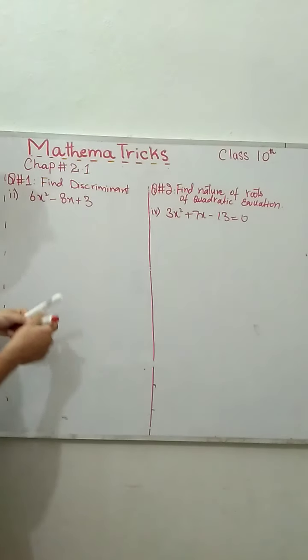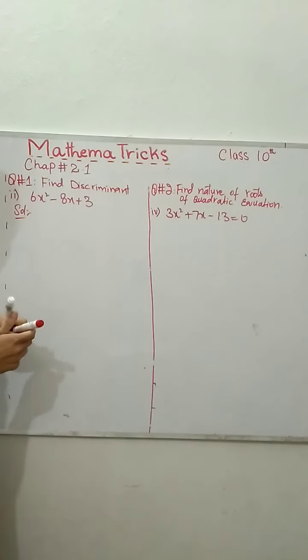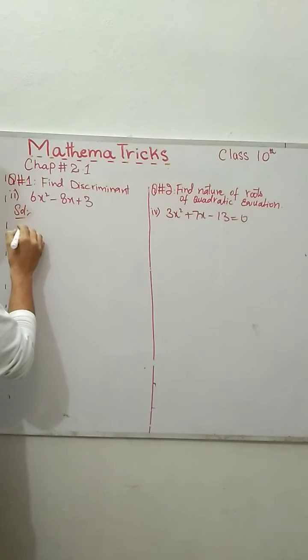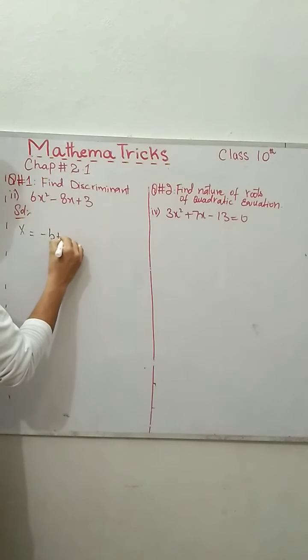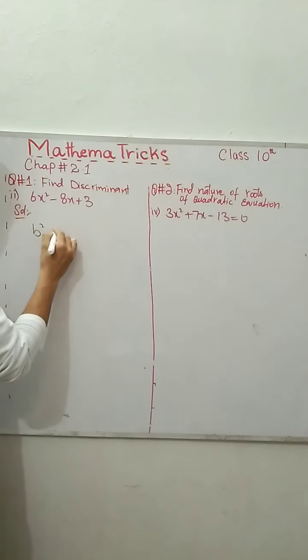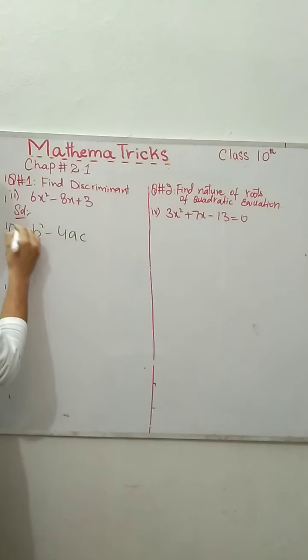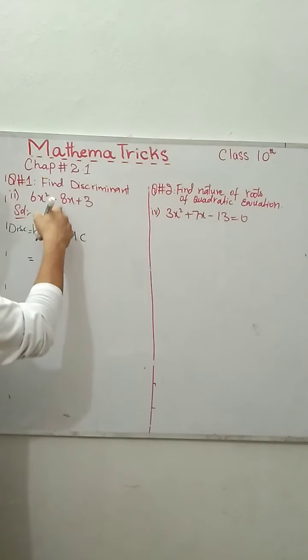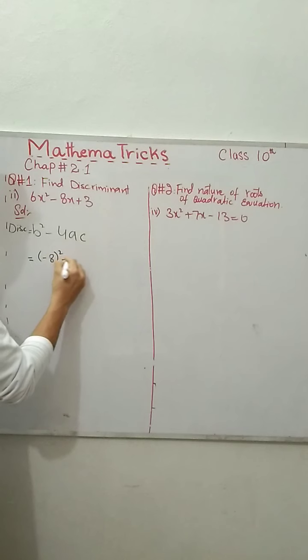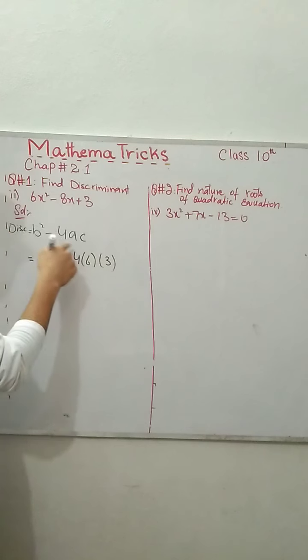Let's check out the solution. We need to find the discriminant, b square minus 4ac, that's the value of the discriminant, or you can represent it with disc, the short form. Just put the values. b is minus 8, so minus 8 square minus 4 into a into c, a is positive 6, c is positive 3.